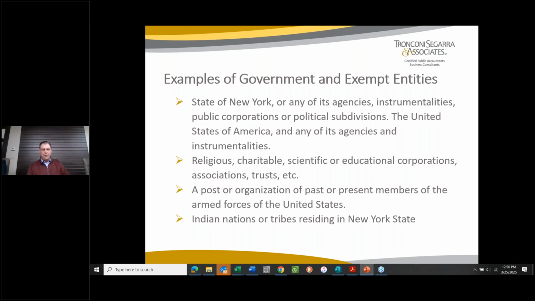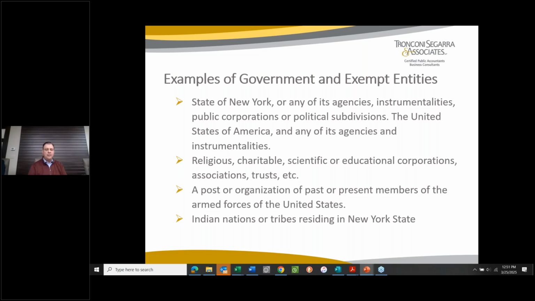So what are some examples of these exempt entities? Typically New York State, any of its agencies, instrumentalities, subdivisions. So that could be anything from the state itself, a county, a town, a school district, anything like that. Religious, charitable, scientific, educational corporations, so typically your 501c3 type exempt organizations.